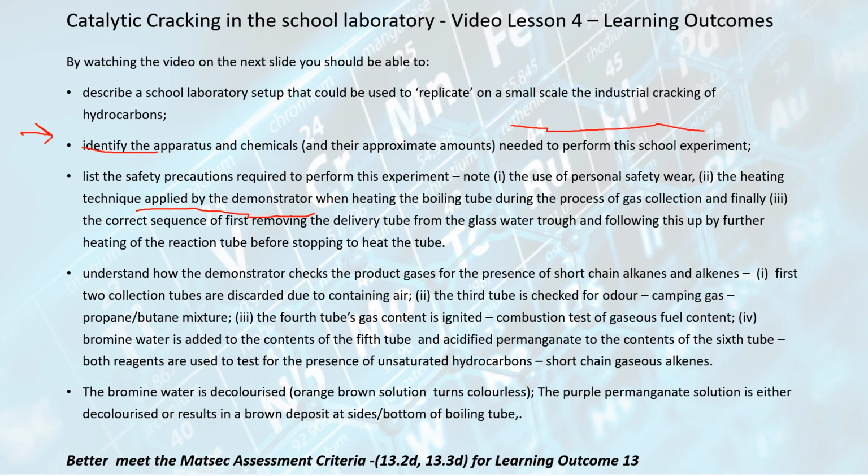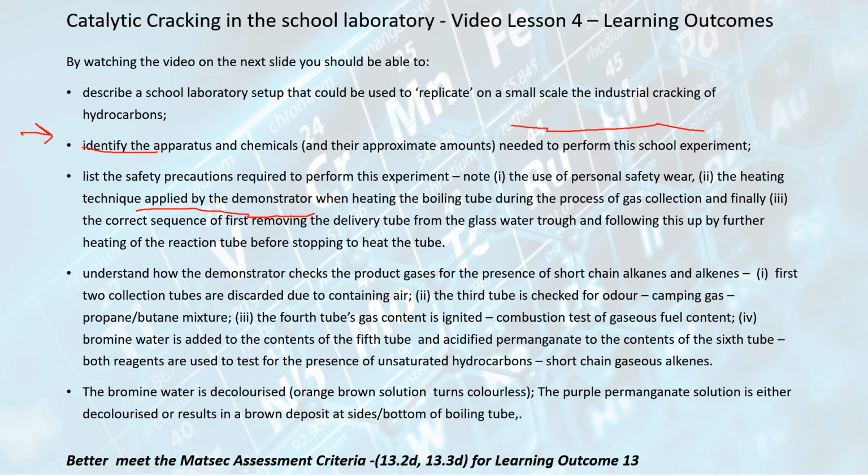They are put away because basically they would just contain the displaced air that was contained in the boiling tube, in the reaction boiling tube. Now the third tube would contain some gas that would result from the breaking down of the paraffin oil that is being used to soak the mineral wool.